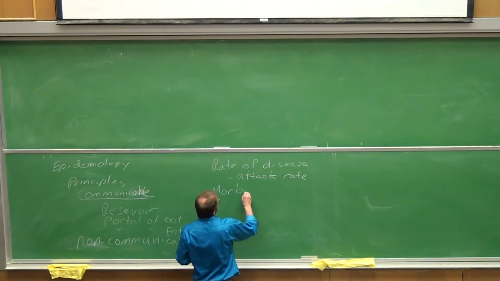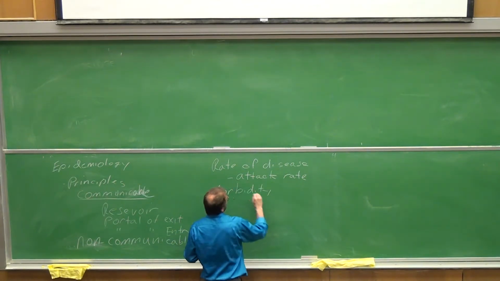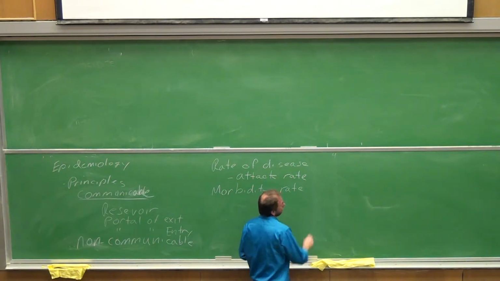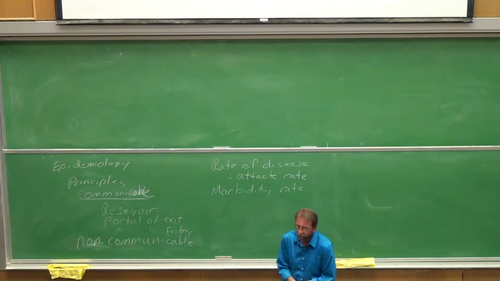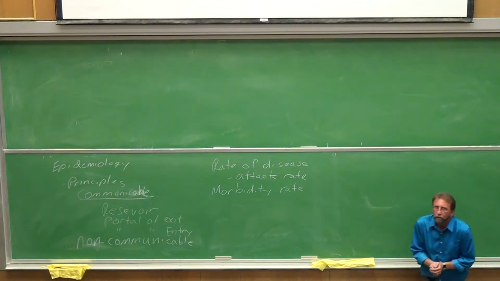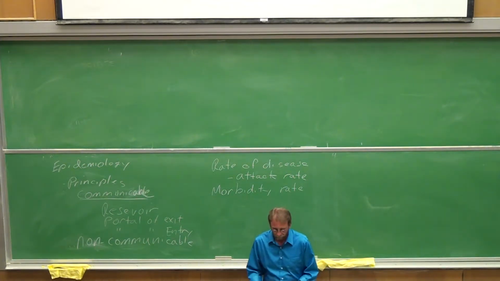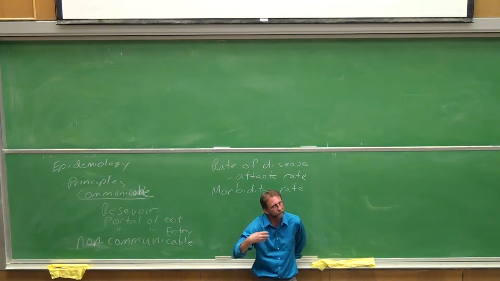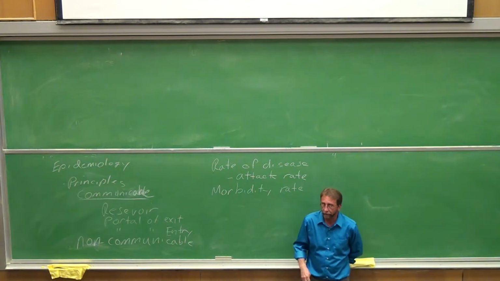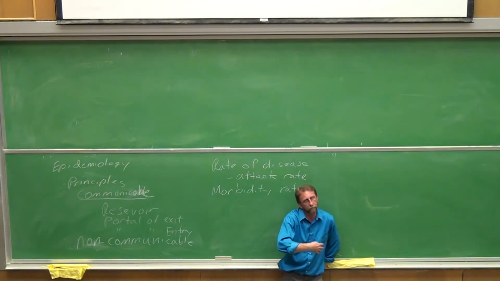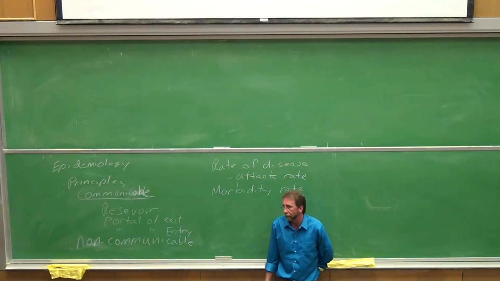Morbidity rate is the number of cases per population at risk. So influenza could be described as having a high morbidity rate because we see that in the population at risk, a lot of people get sick from influenza.